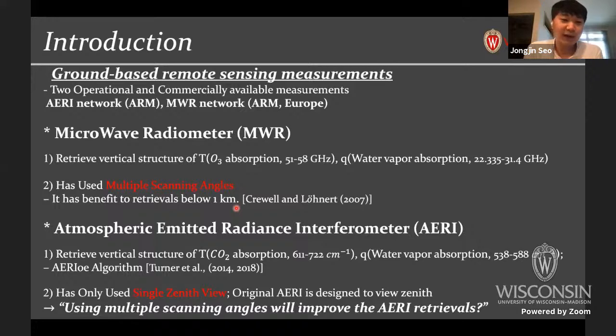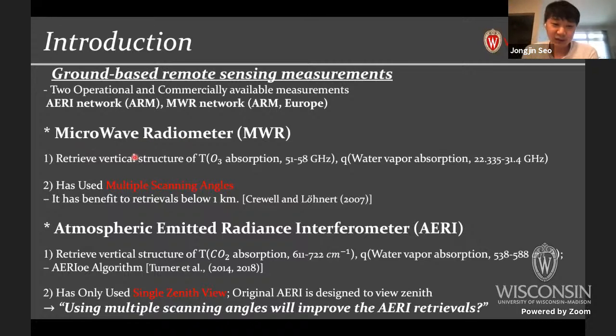There are two operational and commercially available ground-based remote sensing measurements: microwave radiometers and atmospheric emitted radiance interferometers. And those two measurements also have global networks.